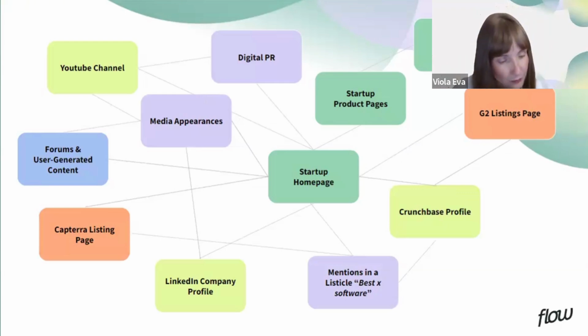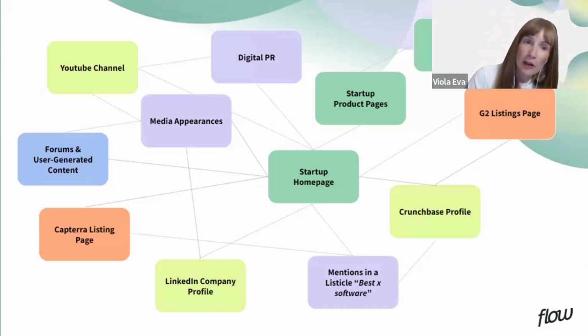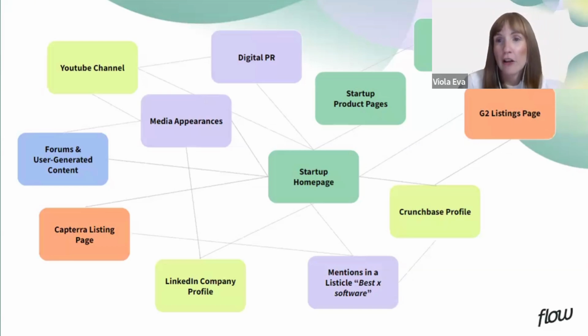And then blue is probably the most unhinged: forums and user-generated content. Both Google and OpenAI have a partnership with Reddit to use Reddit to train their language models. Quora is surfacing a lot since Google is surfacing the new forums and discussion SERP feature. So our favorite example: if you don't want a pricing page because sales doesn't want to reveal the pricing before having a sales meeting, just rest assured someone has asked on Reddit, what does XYZ software cost?